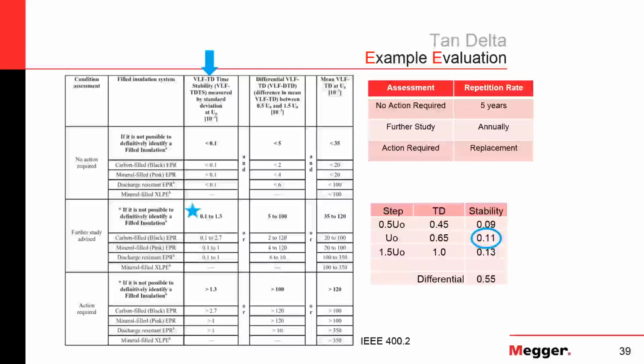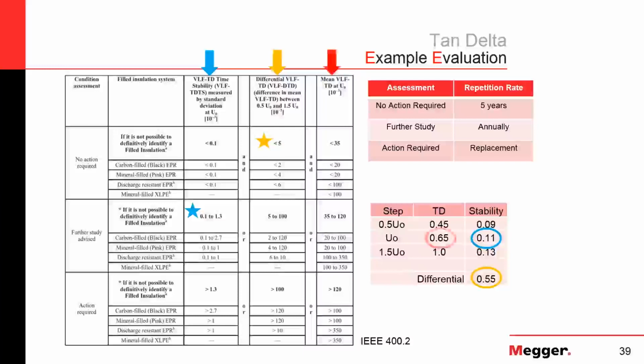That is higher than the allowed 0.1, so it has to go into this row, further study advised. Moving across to the next column now is the differential tan delta measurement, which is the subtraction between the highest and the lowest reading, which is shown here. 1 minus 0.45 is 0.55. That is less than the 5 that were allowed, so this says no action required.